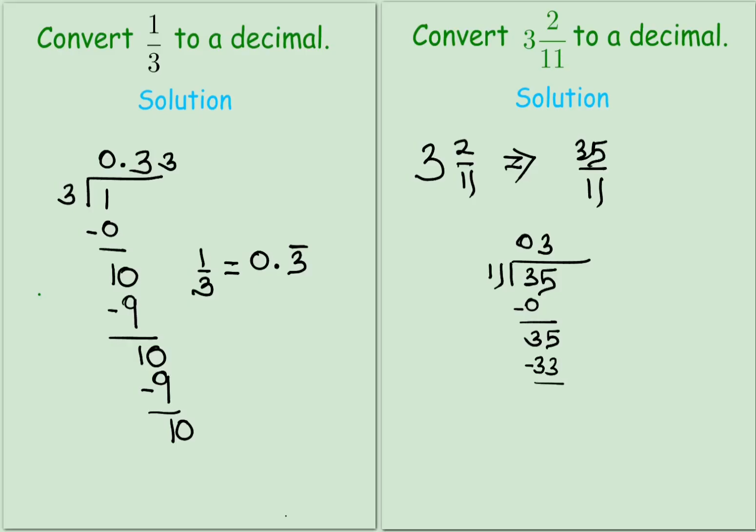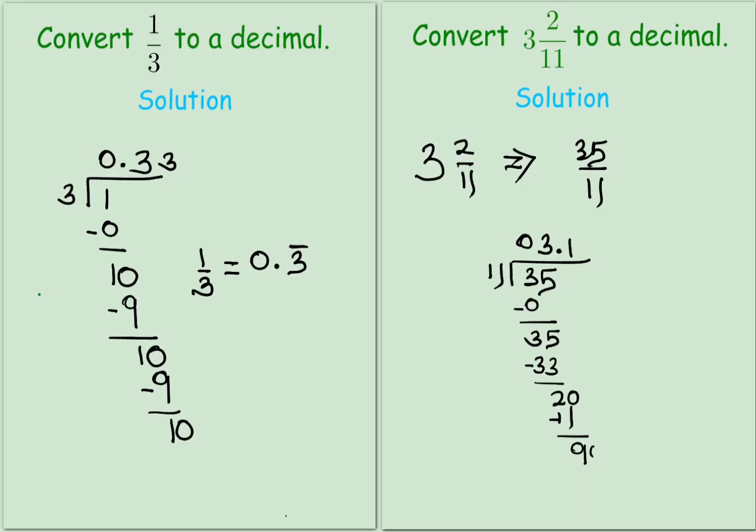We subtract. We have a remainder of what? 2. Now, since there's no other number to bring down, we are allowed to introduce a decimal point. And it is with this decimal point that we are allowed to bring a 0. 11 into 20 once. 11, 1, 11. If you subtract that, we have what? 9.